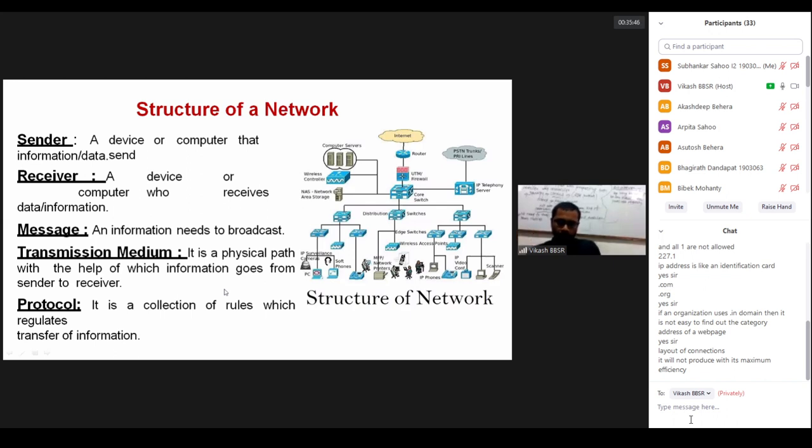Suppose the human body structure is not arranged in a proper way. What do you think the problem will be? The human body is also in a proper structure.